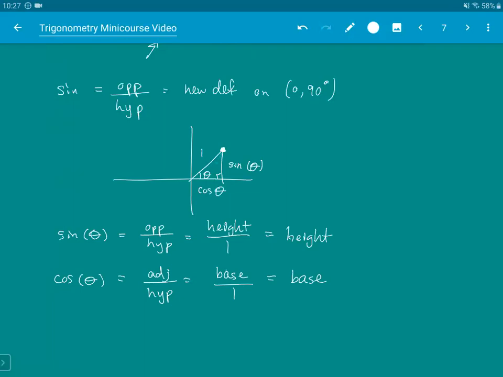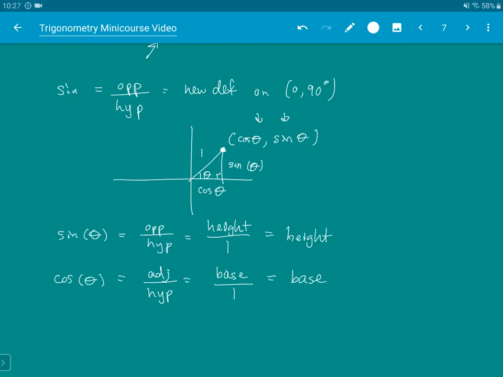Now that's interesting because that means the coordinates of this point are cosine of theta and sine of theta. So anytime you pick a point that is 1 unit away and you draw your right triangle, the coordinates of this point in terms of the angle theta that it makes with the x-axis will always be cosine of theta and sine of theta.